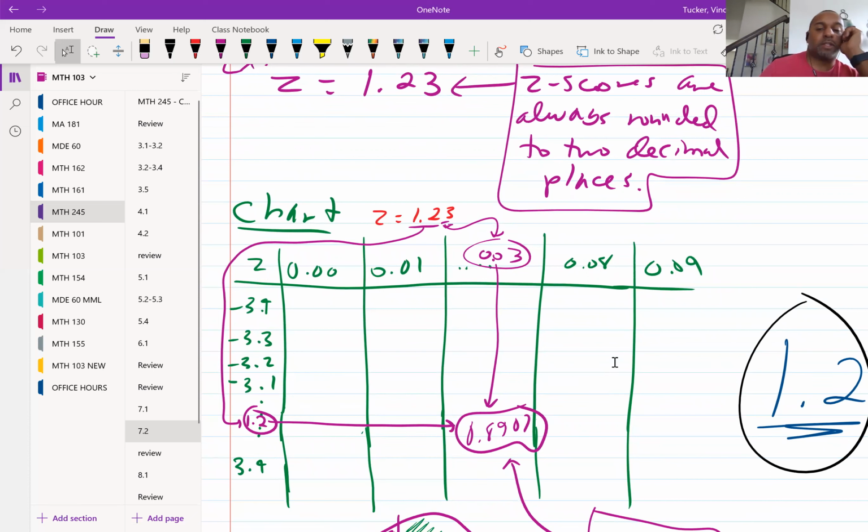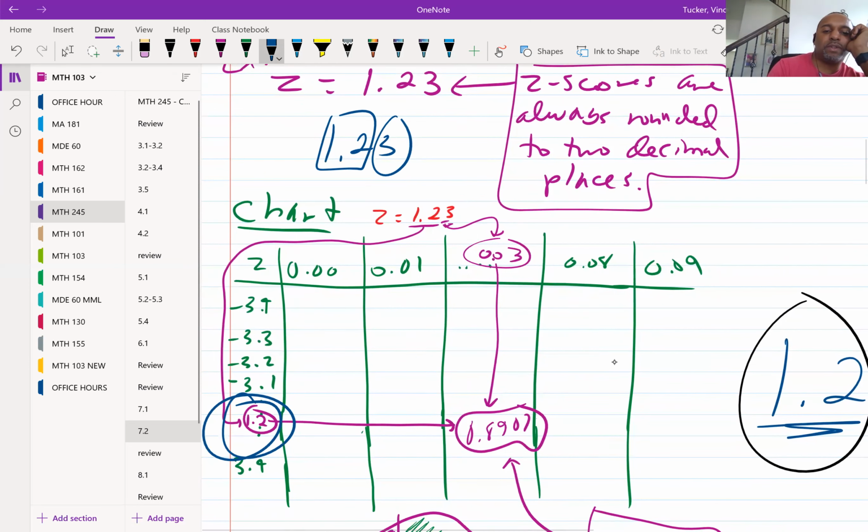We're going to have a chart that looks like this. Let's say we're looking for 1.23 on the chart. We break it up into 1.2 and this 3. The digit that's farthest to the right will be on the top row, and then the 1.2 will be over here on the left.